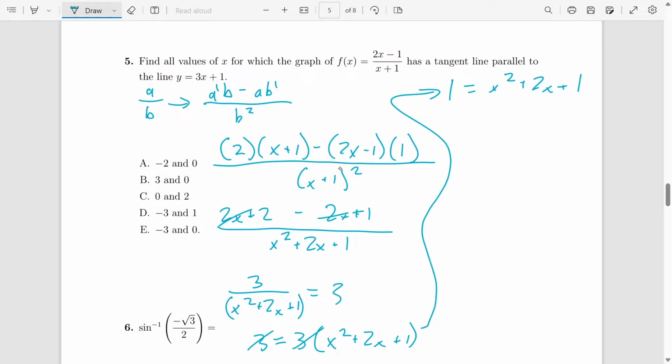Subtract 1 on both sides, we get 0 equals x squared plus 2x. Take an x out of the right, we get x times x plus 2. So we know that x equals 0 and negative 2.